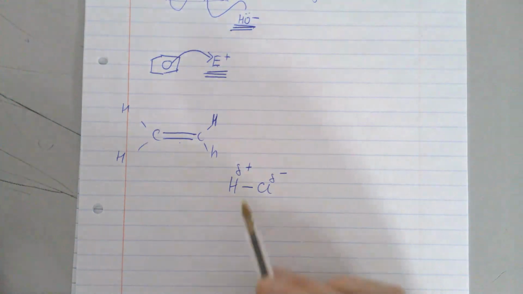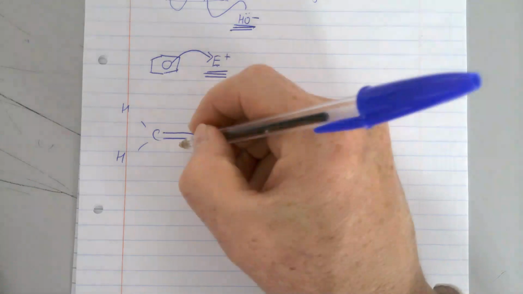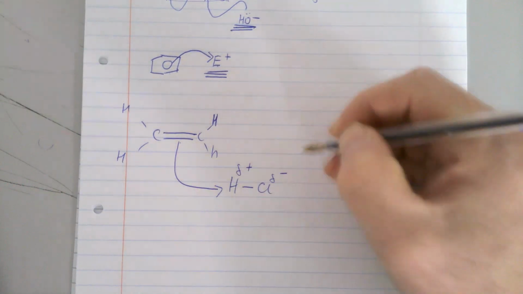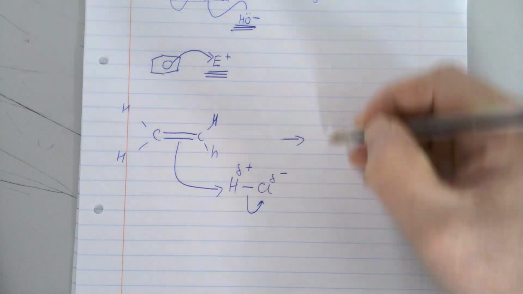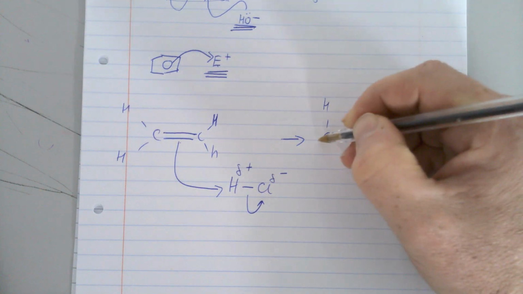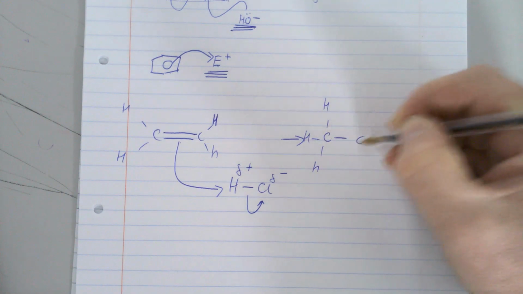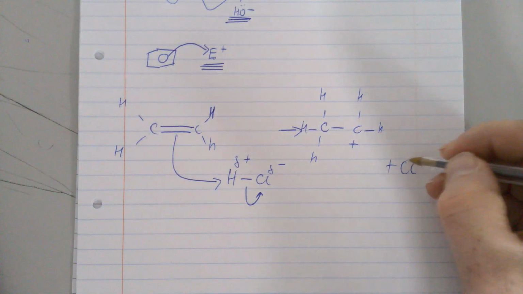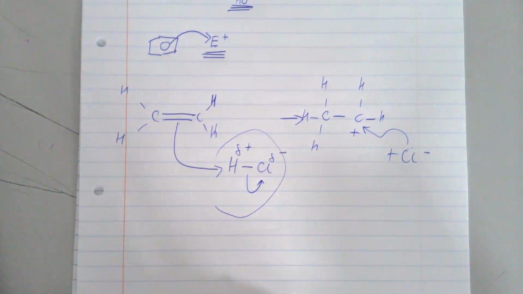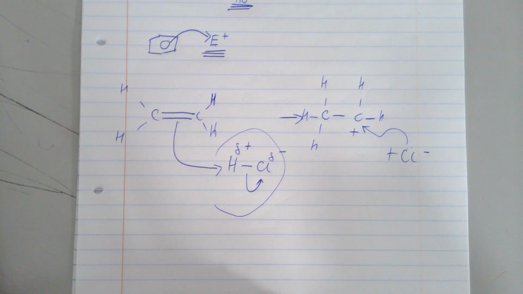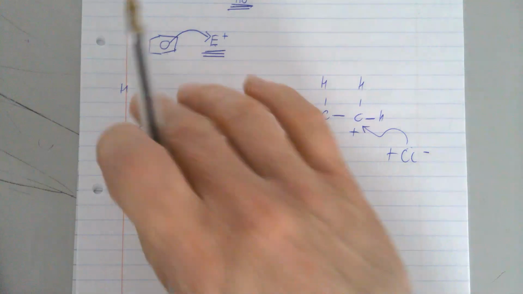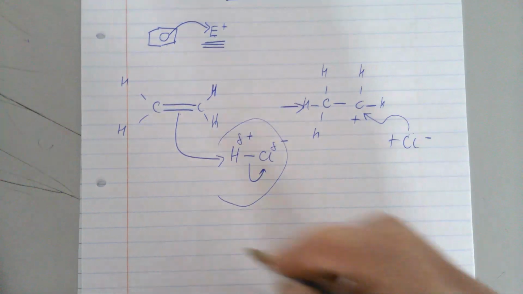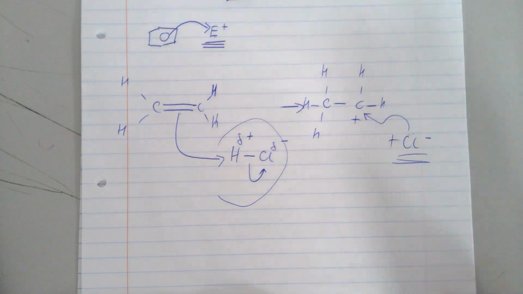And so this bit of the molecule in particular is behaving like an electrophile, and you end up with something like this, plus a chloride ion. Now this second stage, of course, the chloride then attacks the carbocation, but it's this reagent here that's behaving as the electrophile. So this is doing electrophilic addition to an alkene, and that's always going to be the case, even though the chloride here is behaving as a nucleophile.